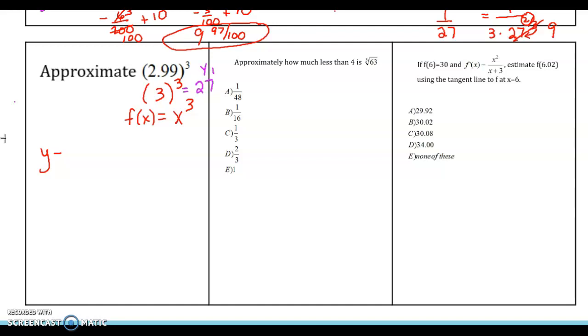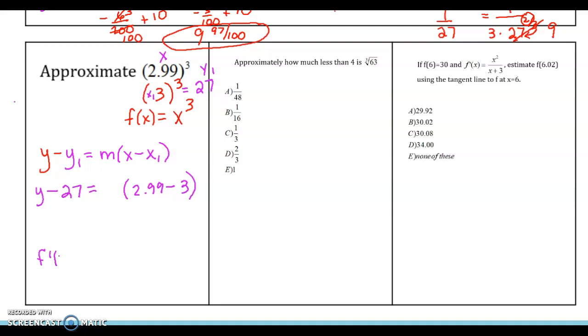So this is y1, x1, x. So y minus y1, I don't know my m yet, x minus x1.